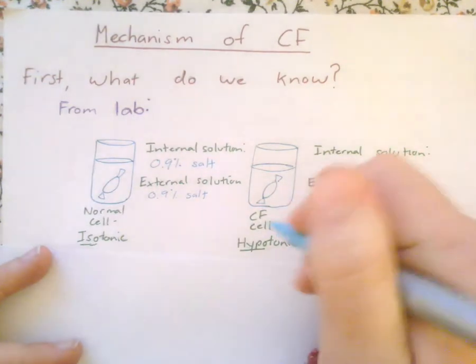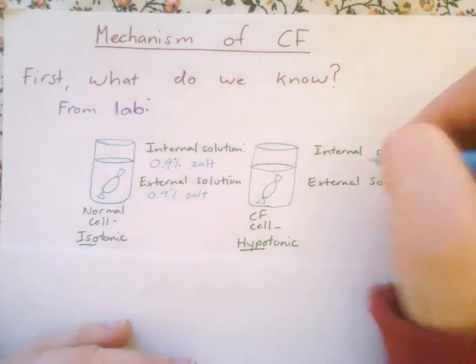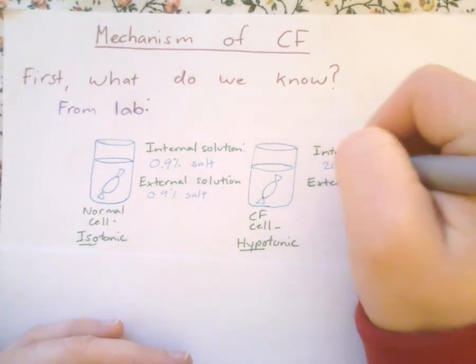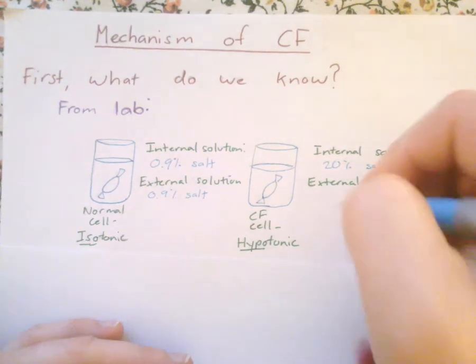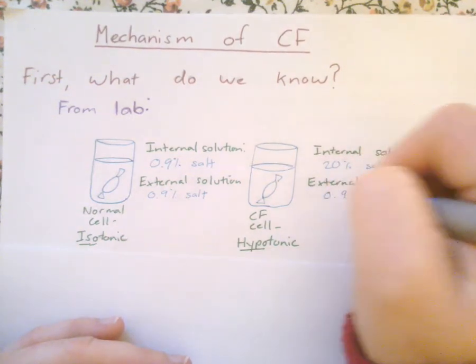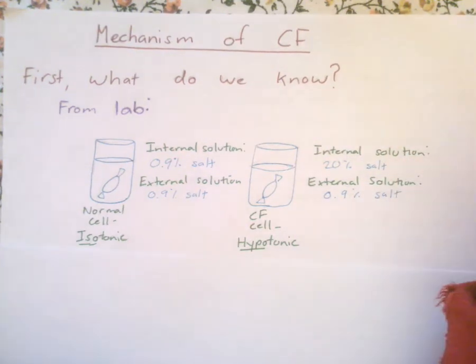On the other hand, we should have made our cystic fibrosis cell, which was a hypotonic environment. Inside our cell, we should have had our 20% salt solution, and our external was still the 0.9% salt solution.